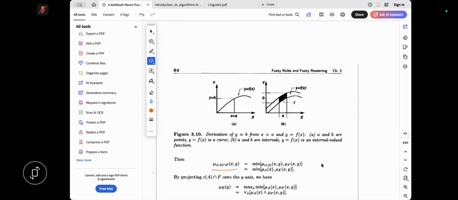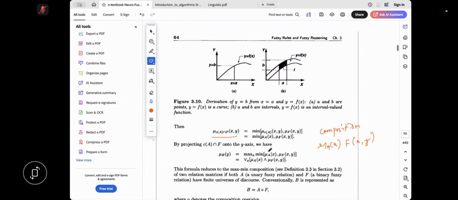If you go to the composition principle, the same principle, how I will calculate max-min composition of mu A of x onto the relation. Here the relation R is denoted by f of x comma y. So maximum composition means that the minimum is taken between these two, and the maximum of that is taken.